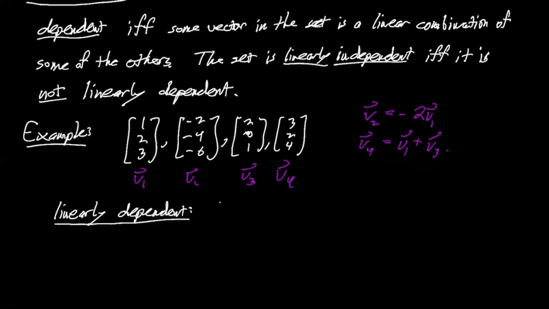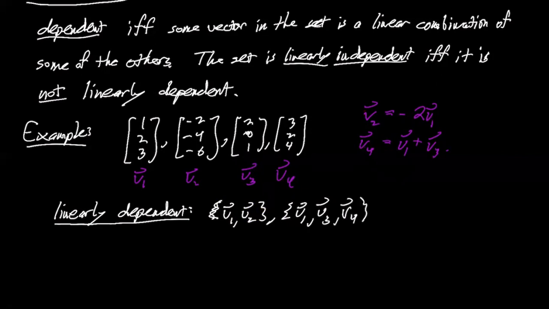So for example, just the set of vectors v1 and v2. That's dependent because the second is negative 2 times the first. So there is one vector, namely v2, that is a linear combination of v1. It's -2 times v1. Also, v1, v3, and v4, by the second equation.